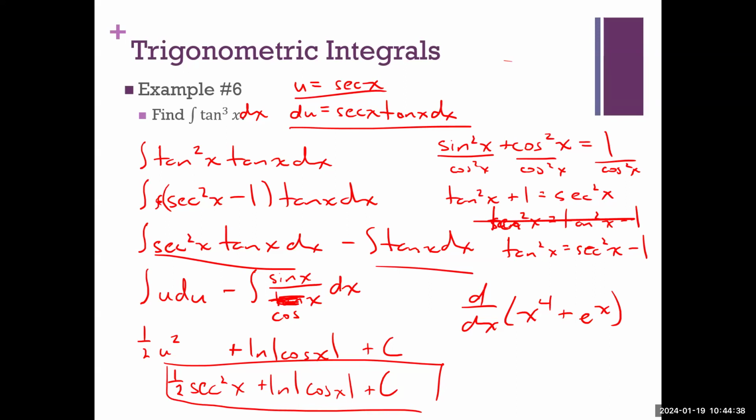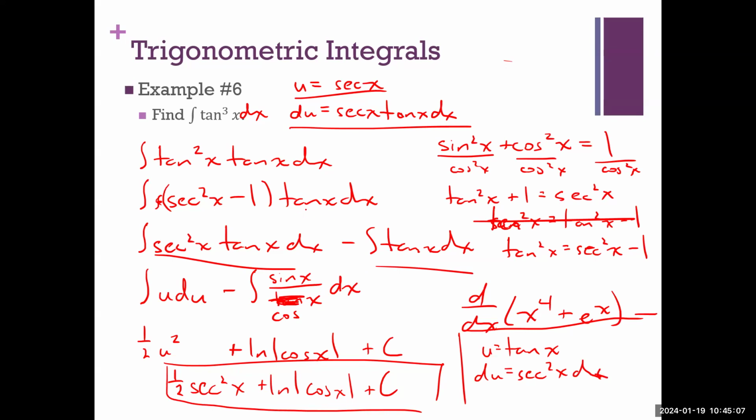Could we have done this with u being tangent of x? Let's think about it. If u is tangent of x, then this integral becomes, I wish I could buy myself some more space. So I'll just use this little. So let's think about it. If u is equal to tangent of x, then what's du? Secant squared of x dx, right?